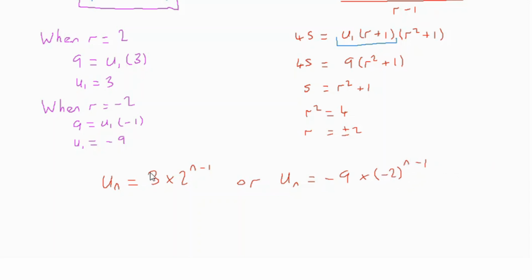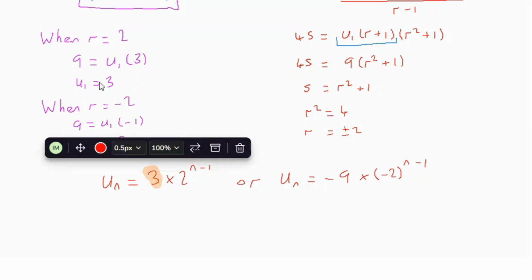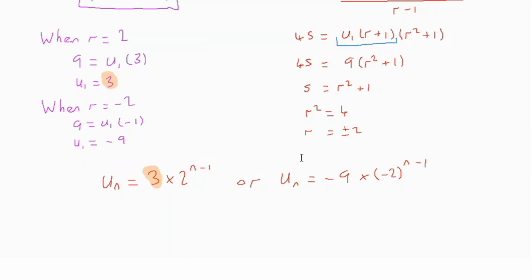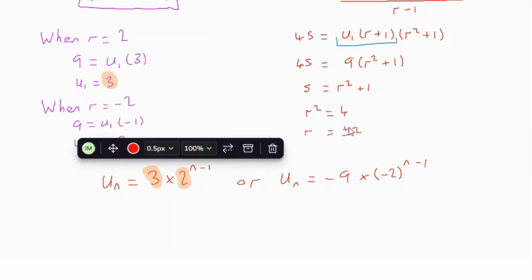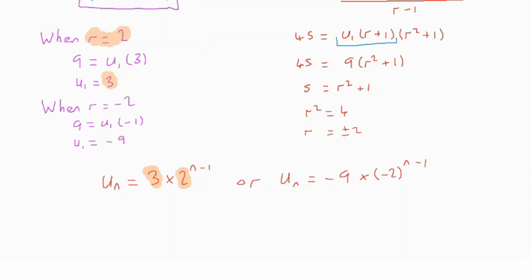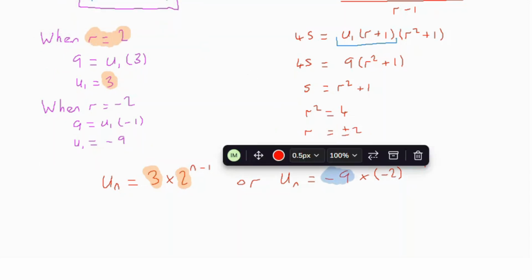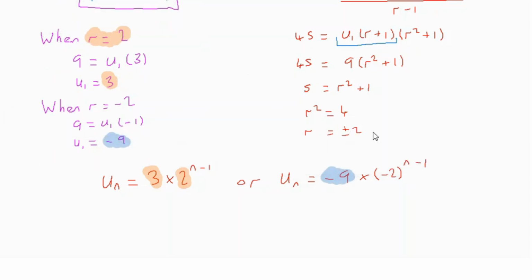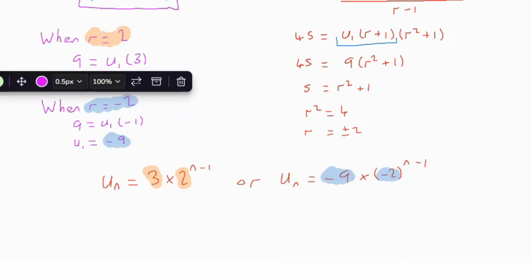To show where these come from, the 3 comes from this 3 here, and the 2 comes from the positive 2. And then the minus 9 comes from the minus 9 here, and the minus 2 comes from the minus 2 there.